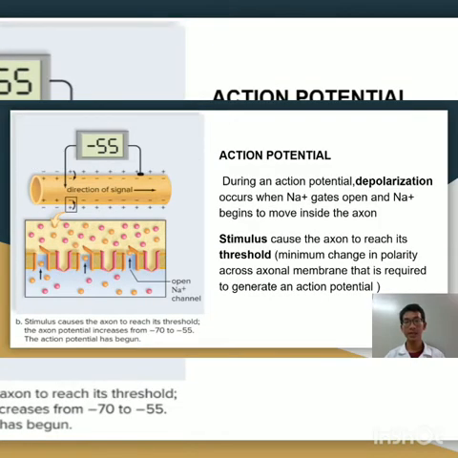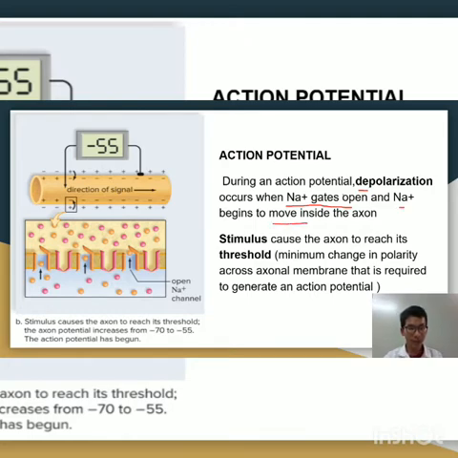Now we go to the action potential. What is an action potential? During depolarization, the sodium gates open and sodium ions begin to move inside.